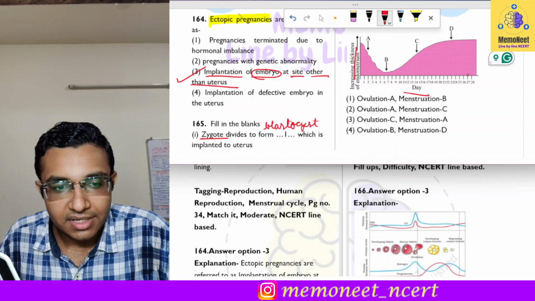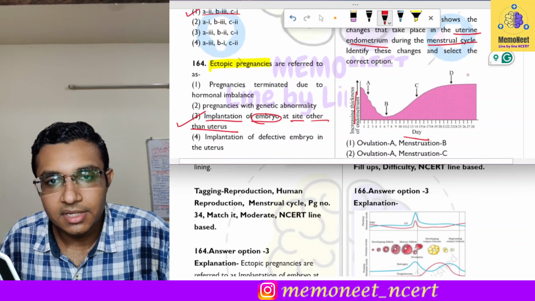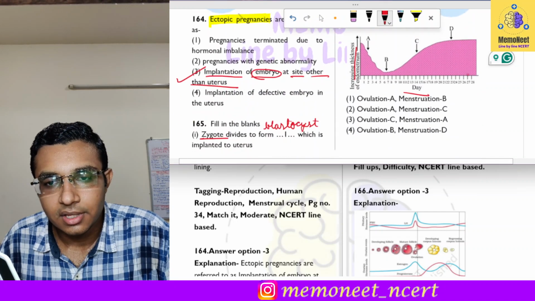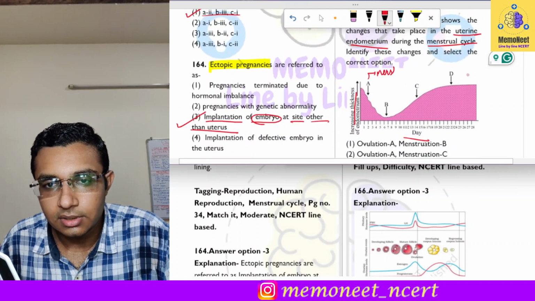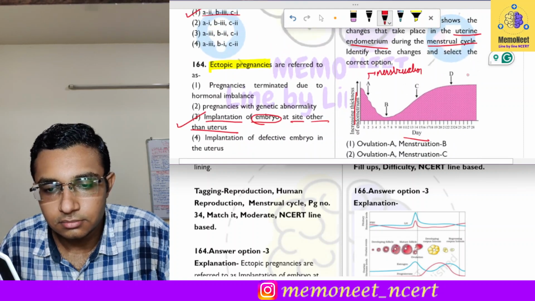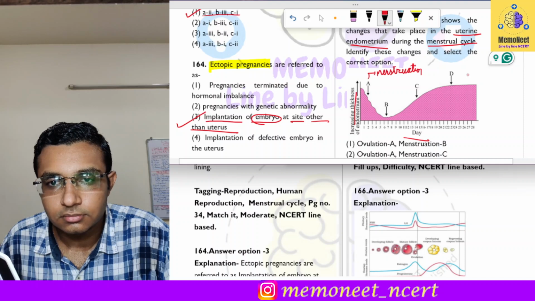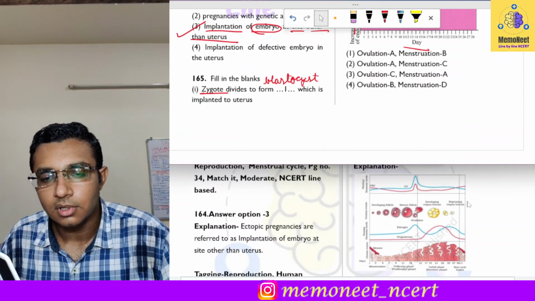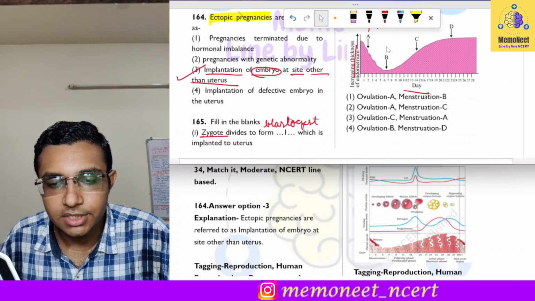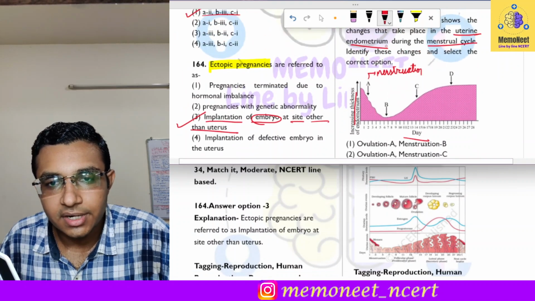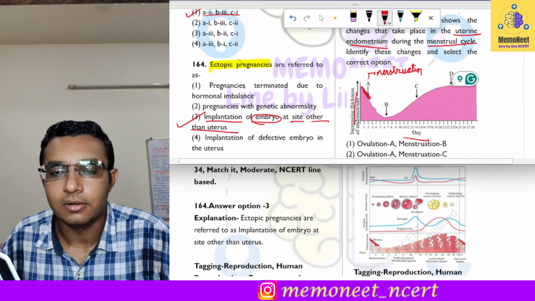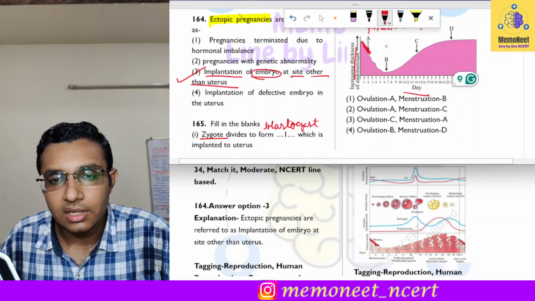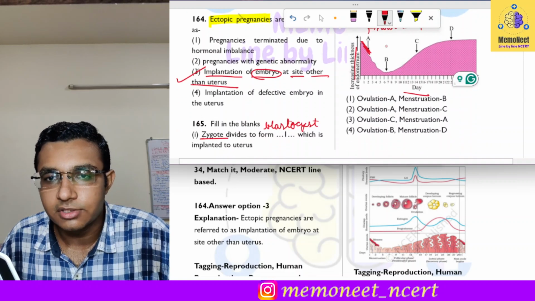So in place A, what occurs? There is menstruation. Here menstruation occurs. The uterine endometrium is shed over here and it is lost in the form of blood. So at position A there is menstruation.